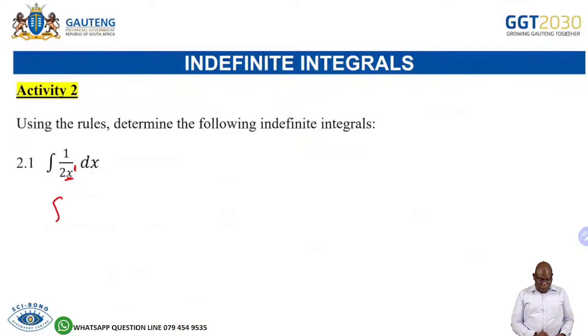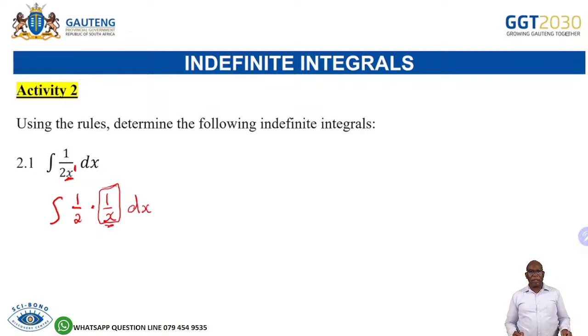So I can have the integral sign, 1 over 2 multiplied by 1 over x, dx. Already, once I have 1 over x, I've got a problem. But it's an easy problem to solve. From here, I can take this to that side. It doesn't matter. You can still put it there.